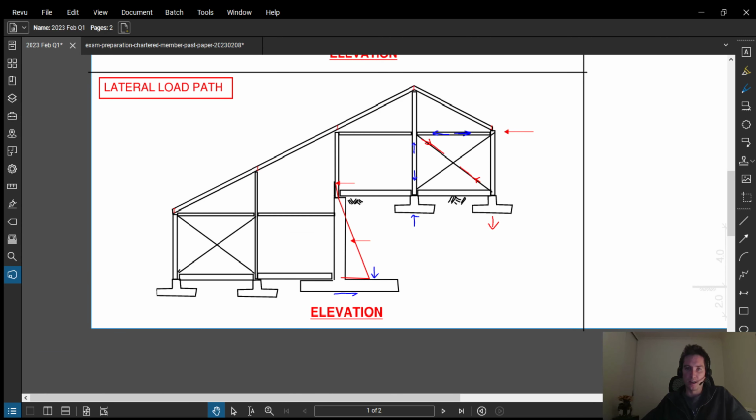This retaining wall here has to retain the earth, so it's resisting some lateral forces here. It's bending a bit like a cantilever. And the lateral load is resisted by the shear of the base here.